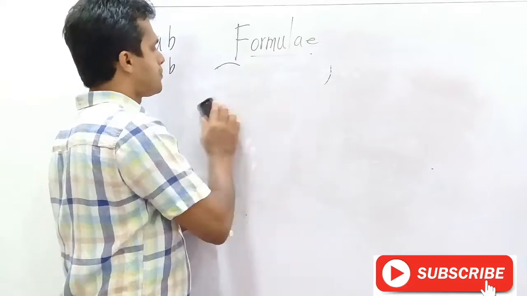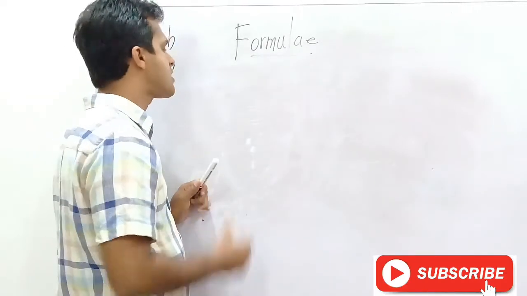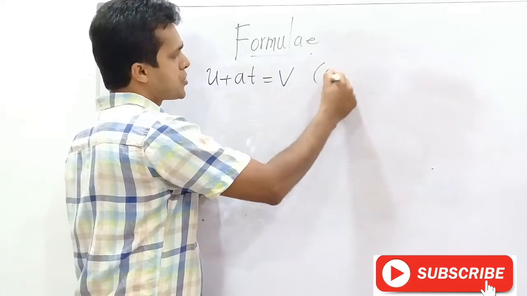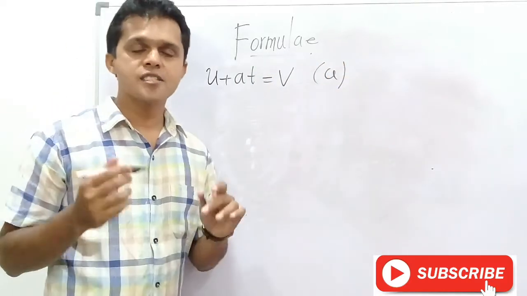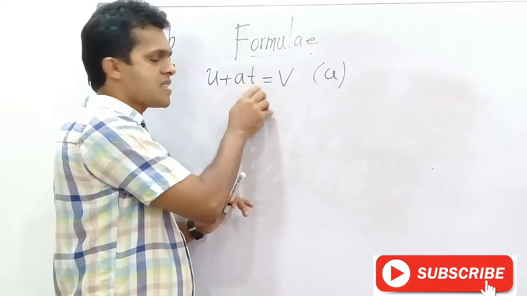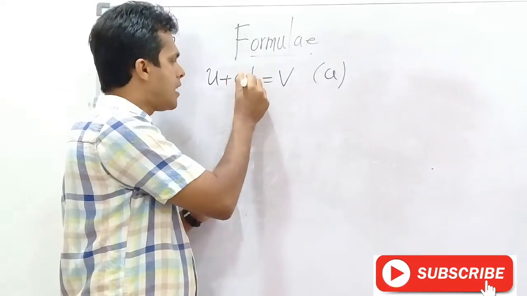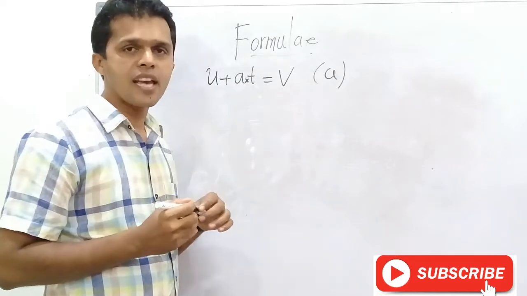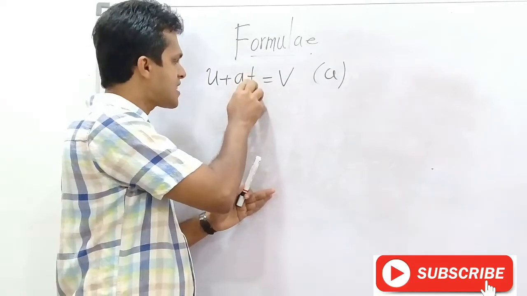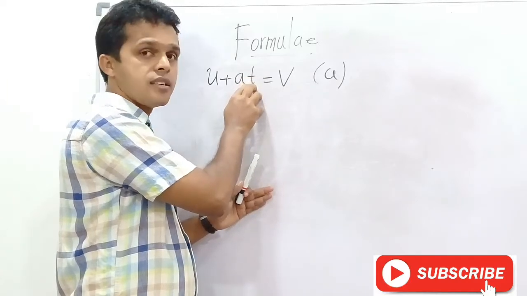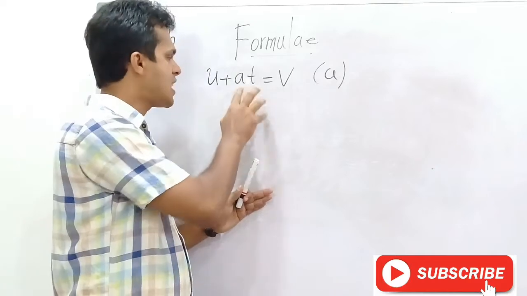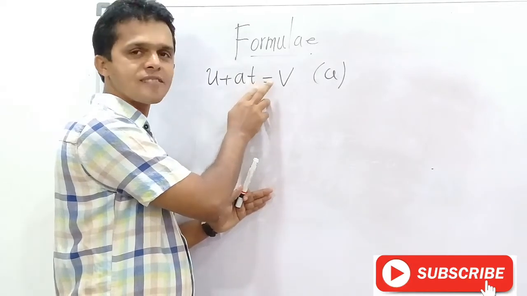You think of this sum. u plus at equals v. You should write the term a as the subject of this formula. Between a and t, there is multiplication. It hasn't been written here, but you should know that there is multiplication between the terms a and t.